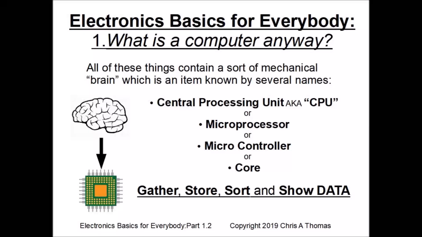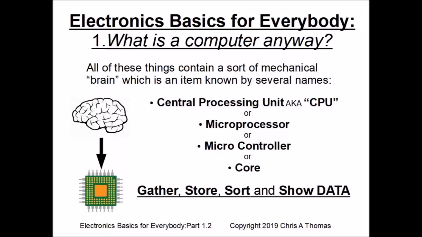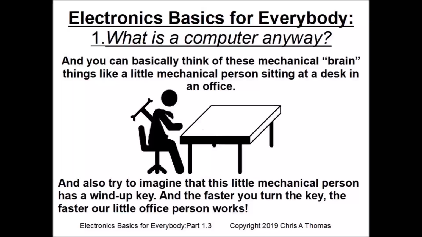There's 9 or 10 cores in some of the latest computers. But they all do the same thing: gather, store, sort, and show you data. And this is how that works in layman's terms.